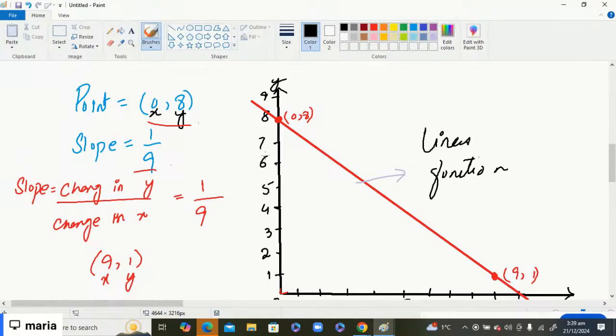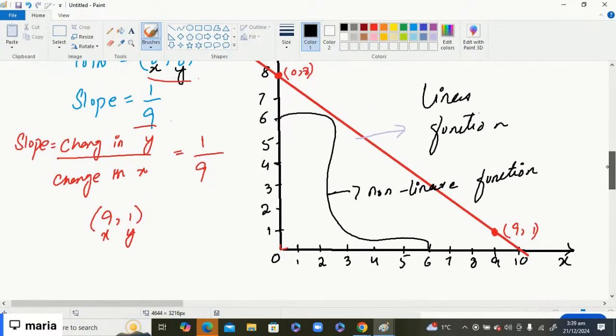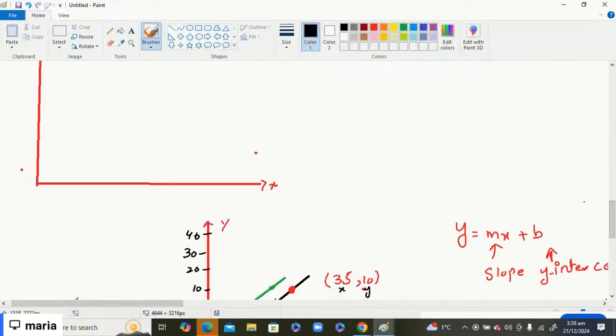What if your graph shows like this way? This is non-linear. Okay, if the graph shows a straight line, this is a linear function, and if the graph shows not a straight line, this is called the non-linear function.